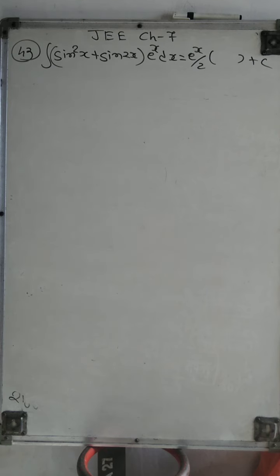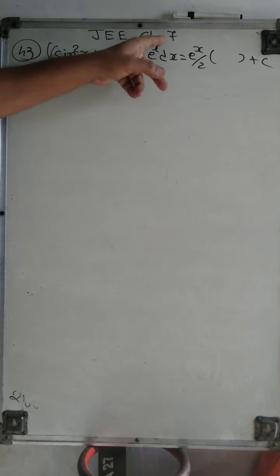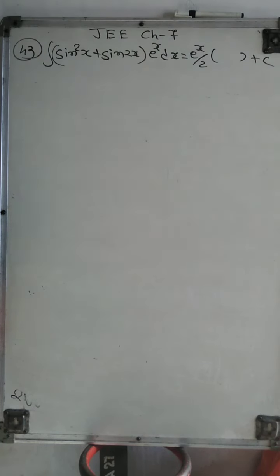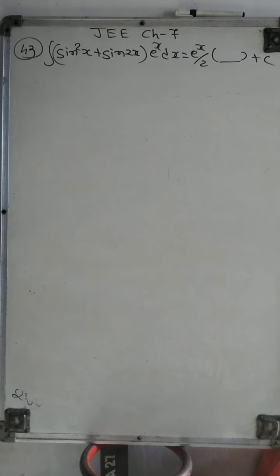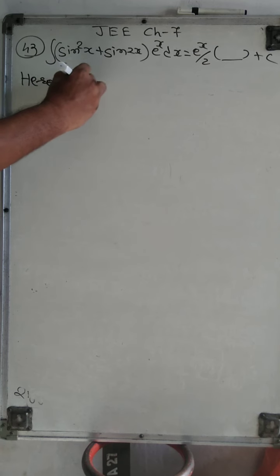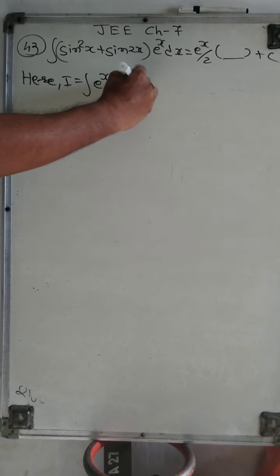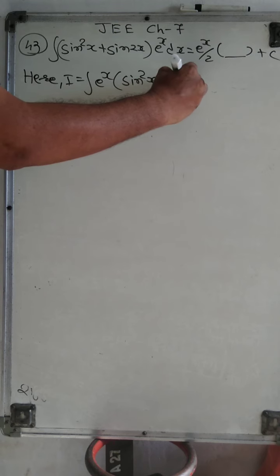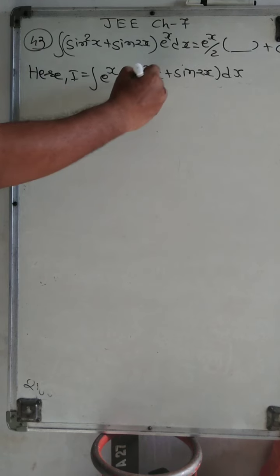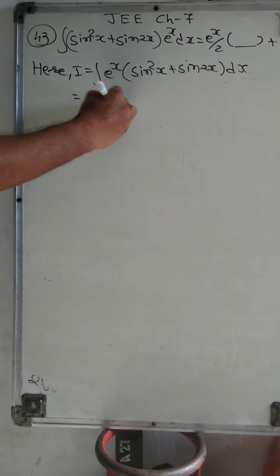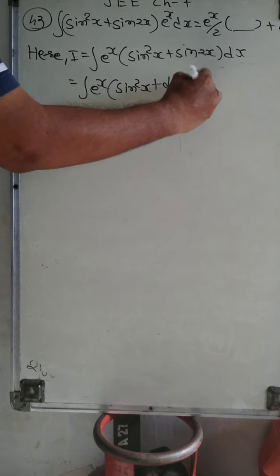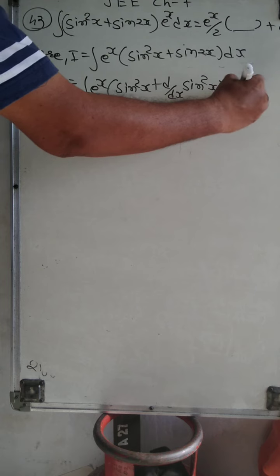Okay, integration of (sin²x + sin 2x) e^x dx equals e^x/2 into dash plus c. Here we want to find this fill in the blank. So let I equal integration e^x (sin²x + sin 2x). Sin 2x is the derivative of sin²x, so we can write this way: e^x (sin²x + d/dx of sin²x) dx.